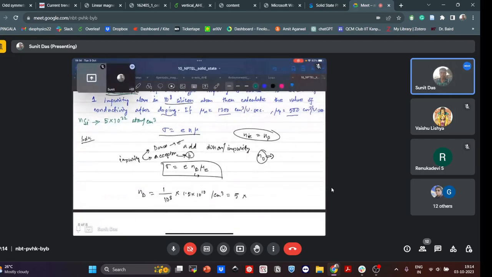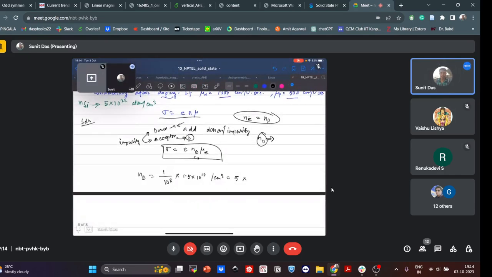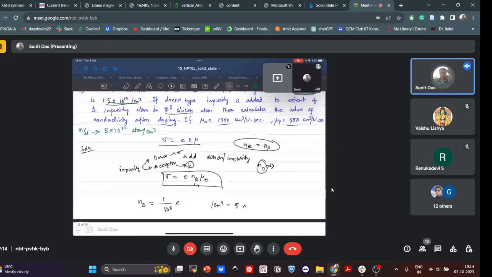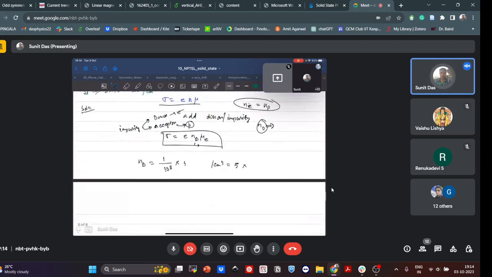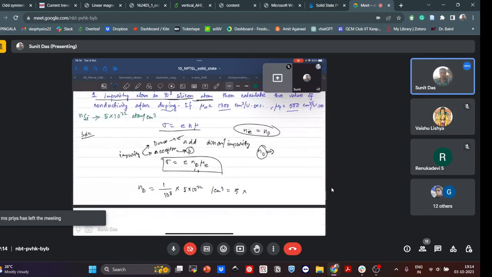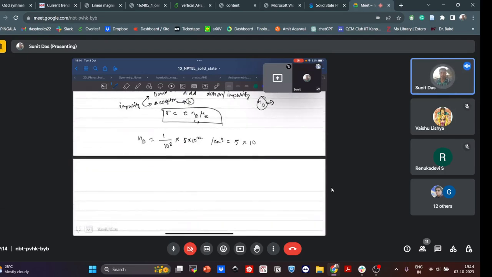So we need to multiply by the silicon concentration, because the concentration is given as 1 impurity atom per 10 to the power 8 silicon atoms, right? The concentration of silicon is 5 into 10 to the power 22 atoms per centimeter cube. So the concentration of donor will be 5 into 10 to the power 14 per centimeter cube.